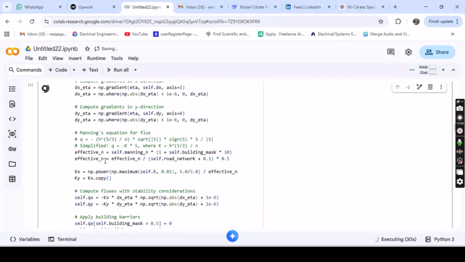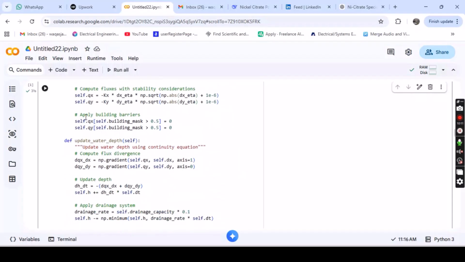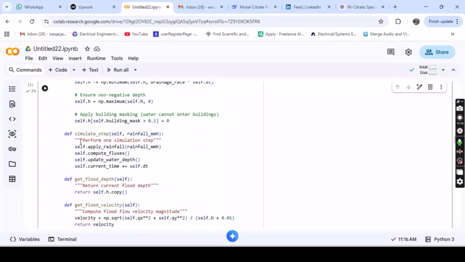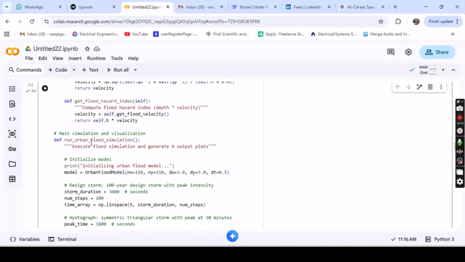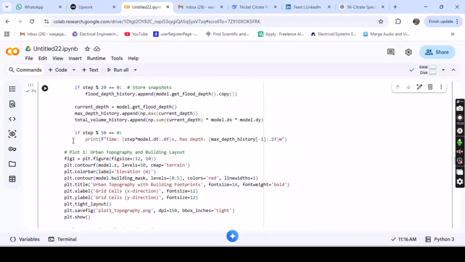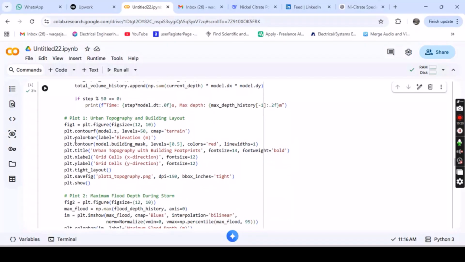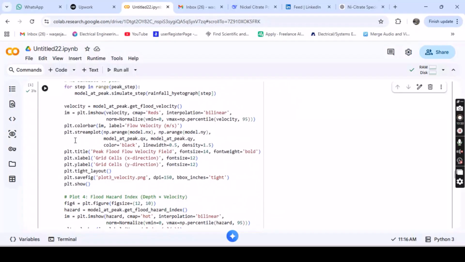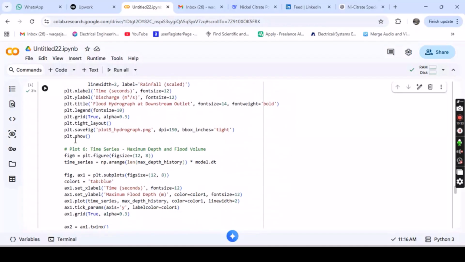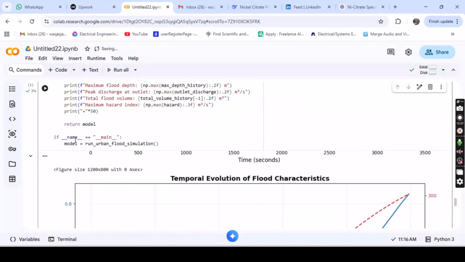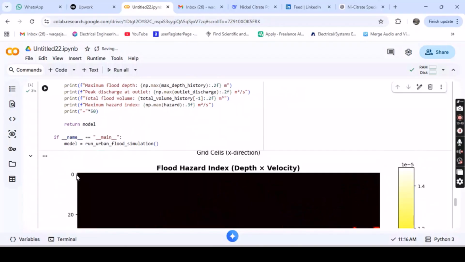Then Manning's equation for flux, and we applied the building barriers, water depth, and then the drainage system. These are all the equations for the main simulation, and visualizations of different scenarios like urban topography and building layout. Then we added the peak flood velocity field, the flood hazard index, the time series of maximum depth, and flood volume as well. Then the summary.